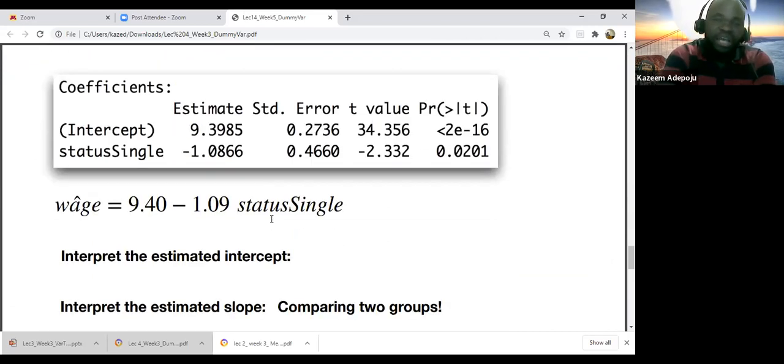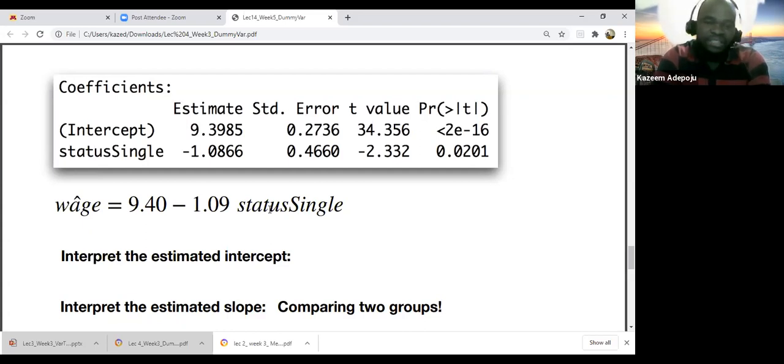Let's say, what is the model that we just fitted? This is the model right now. The status single is the variable that we are actually using as the predictor. Now let me interpret this for you. When status equals 0, that is married.